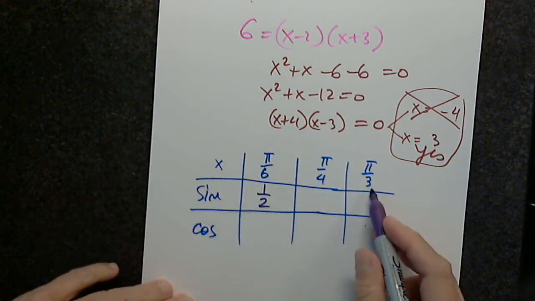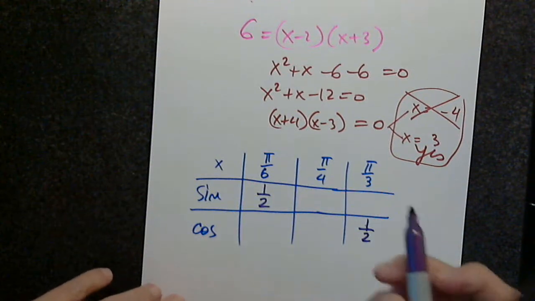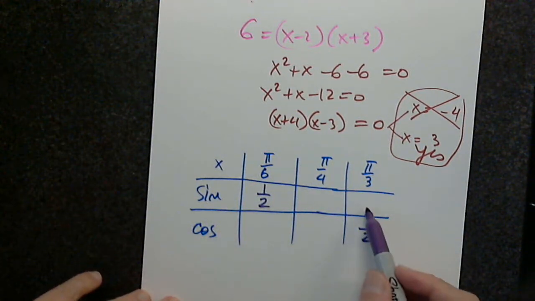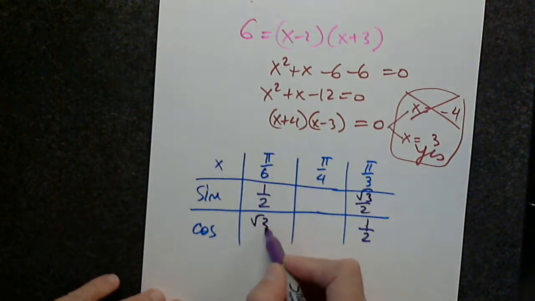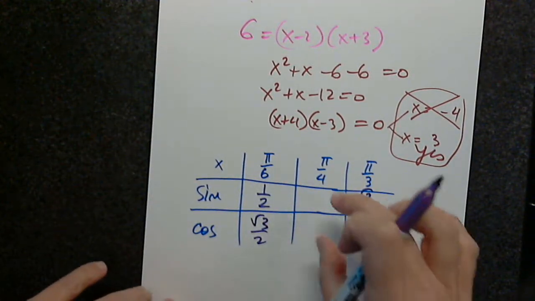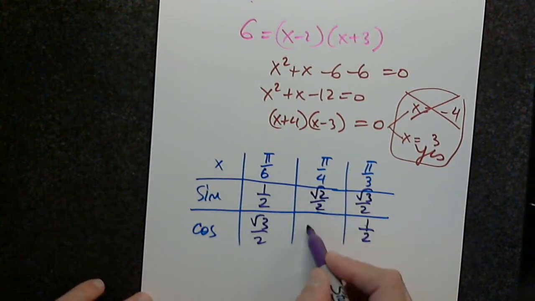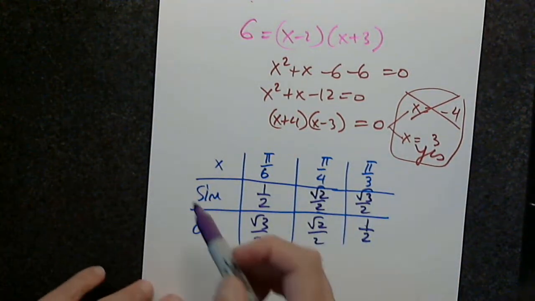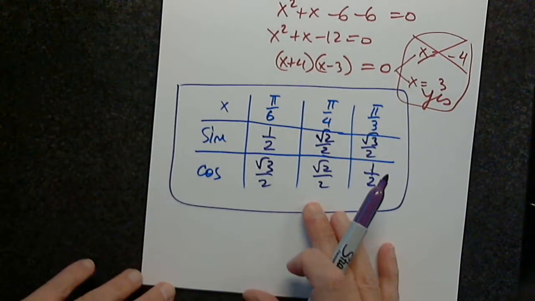And cosine pi over 3 is also 1/2. Sine of pi over 3 is the square root of 3 over 2, and so is cosine of pi over 6. Excellent. Good. So please remember this. You don't need to memorize anything else.